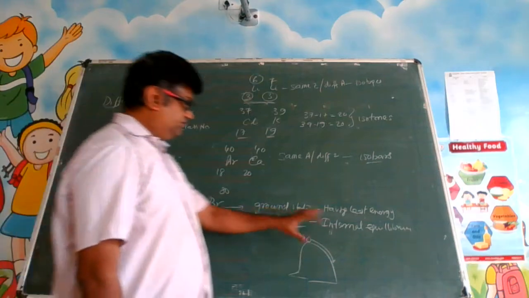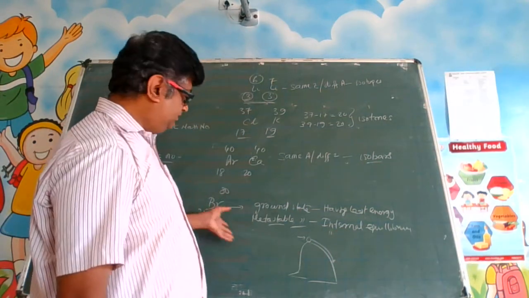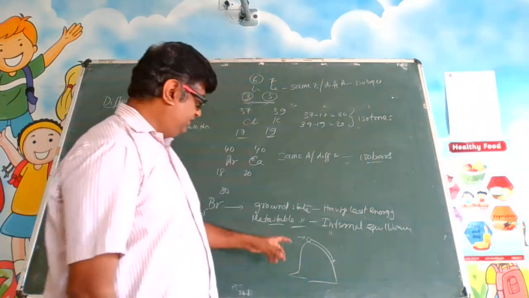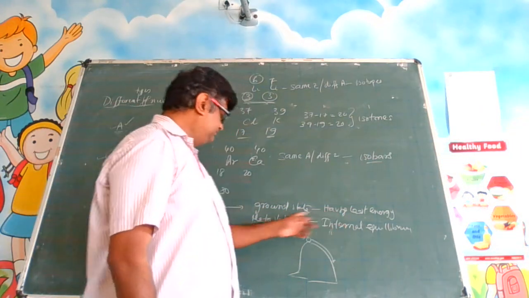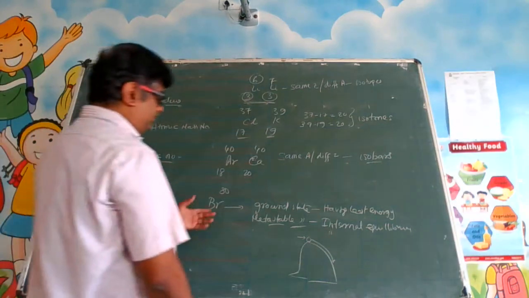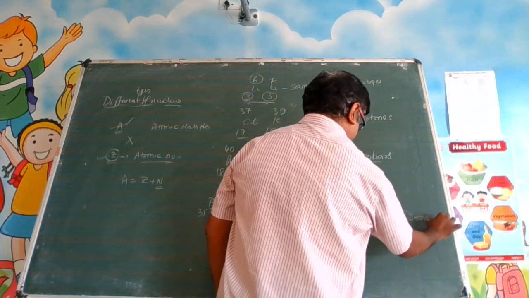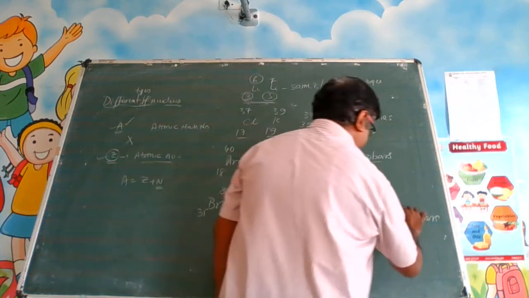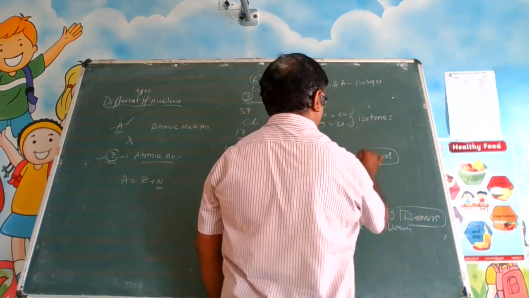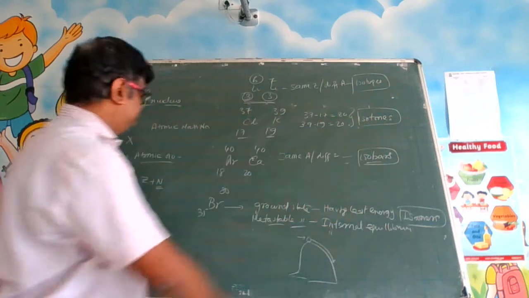Now here Z and A are the same, but the nucleus behaves in a different way in its ground state and in its metastable state. So this type of nucleus is called isomers. Isomers. This is isobars, this is isotones, this is isotopes.